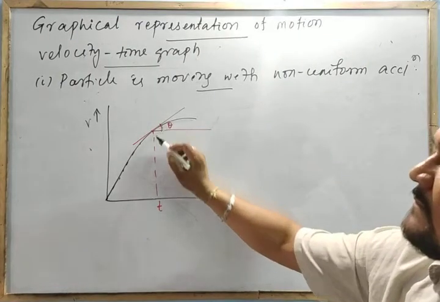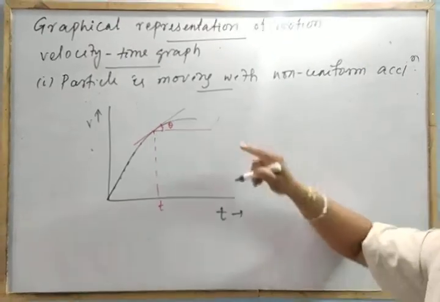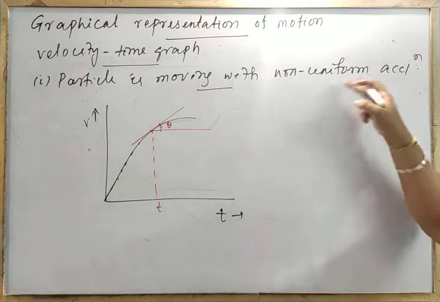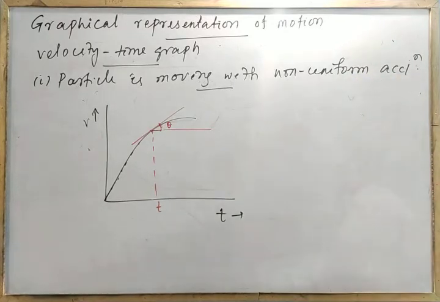Next, suppose the particle is moving with non-uniform velocity, but the acceleration of which is decreasing with time.